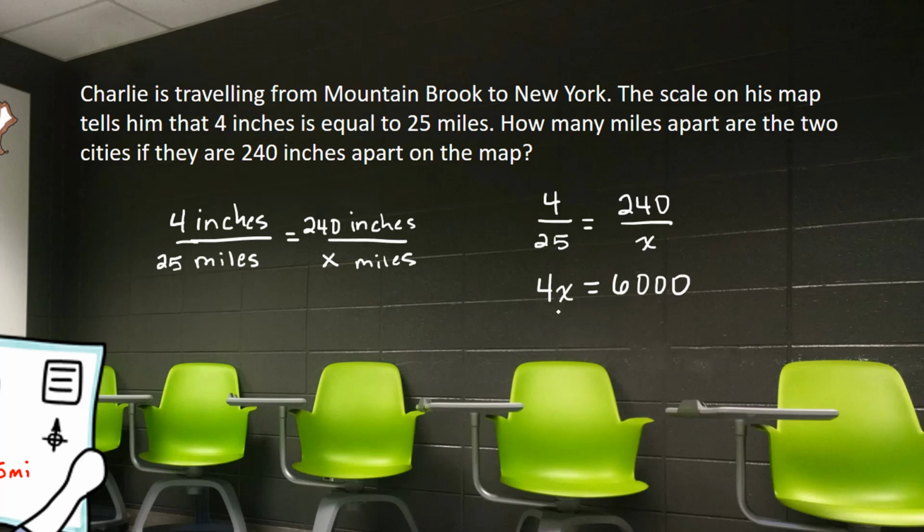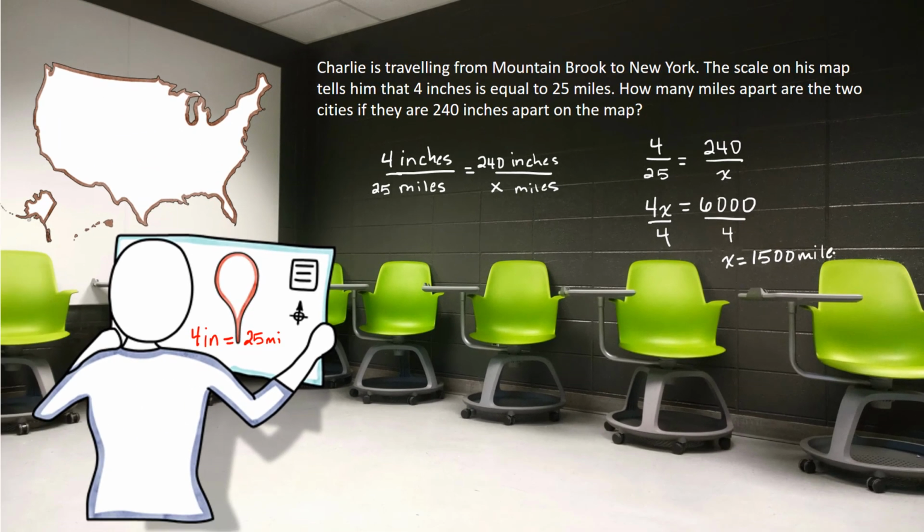And now to keep solving for x, I'm going to divide by 4 on both sides. 6,000 divided by 4 should get you roughly 1,500. So x is going to be about 1,500 miles. So those are roughly 1,500 miles apart according to this map, right?